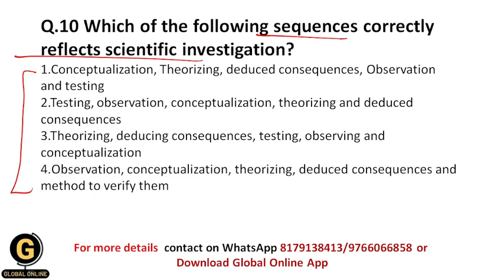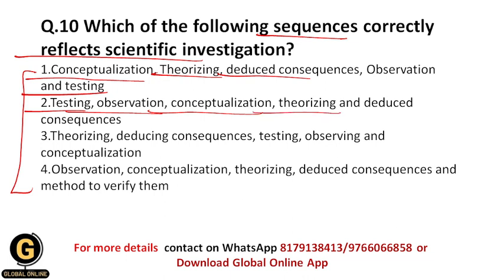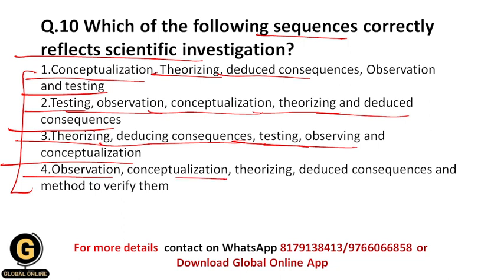So let us see: conceptualization, theorizing, deduced consequences, then observation and testing; testing, observation, conceptualization, theorizing and deduced consequences; theorizing, deducing consequences, testing, observing and conceptualization; observation, conceptualization, theorizing, deduced consequences and method to verify them.